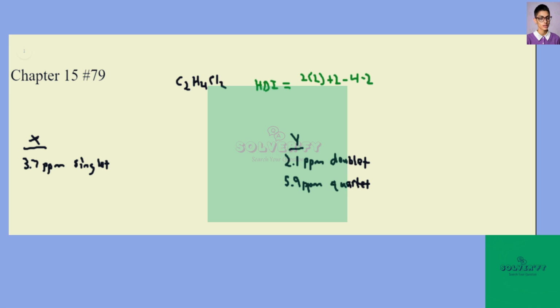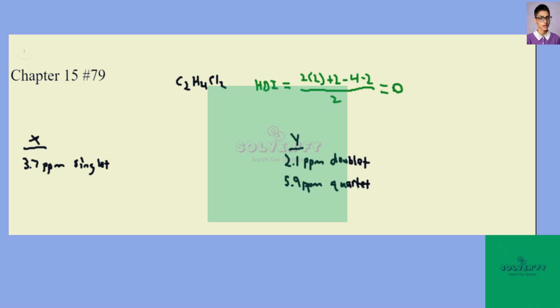That's 2 times the number of carbons plus 2 minus the number of hydrogens minus the number of halogens. In this case, we end up with 0, so there's no unsaturation here, which makes sense. It's only a 2-carbon molecule, so we can't really have a ring, and it's unlikely that we would have a double bond.